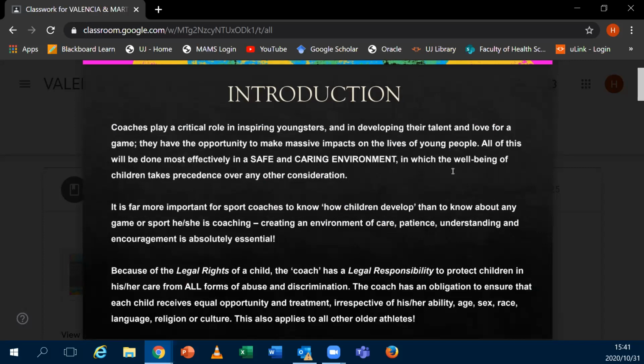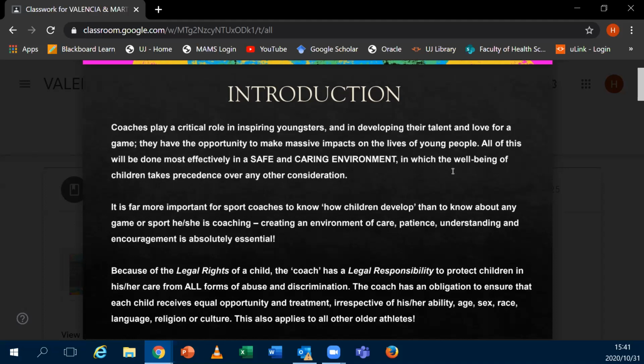So as a coach, you have the obligation to ensure that they receive equal opportunities, equal treatment. It doesn't matter whether they're male, female, whatever their race, language, religion, culture, etc. That is your legal responsibility for those children that are in your care for 2 hours on a Saturday morning.